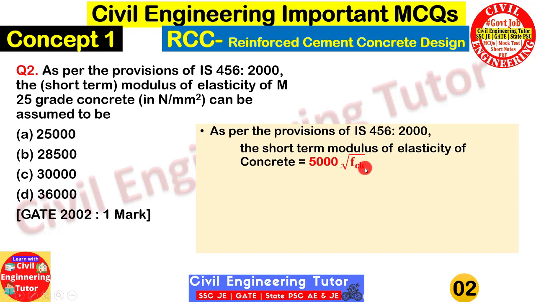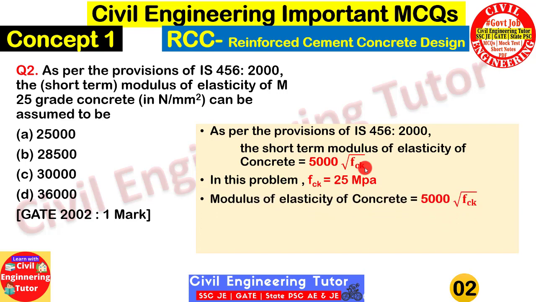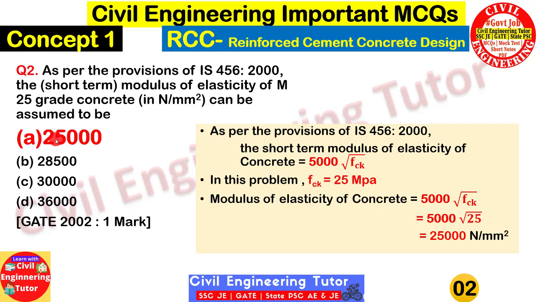Now we are given the grade of concrete, that is M25, so fck or characteristic strength will be 25 megapascal. Simply putting this value of 25 megapascal instead of fck, we get 5000 root over 25, which is equal to 25,000 Newton per millimeter square. That will be the modulus of elasticity of M25 grade, and that is the short-term modulus of elasticity. So the correct answer will obviously be option A.